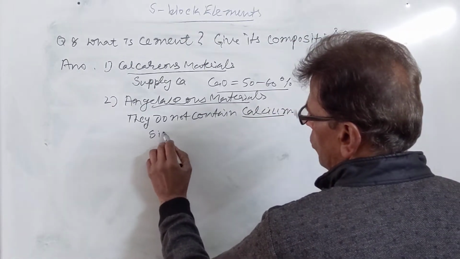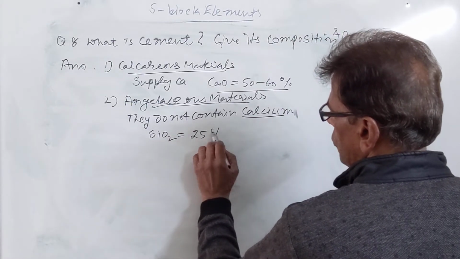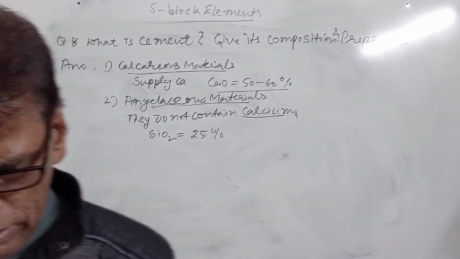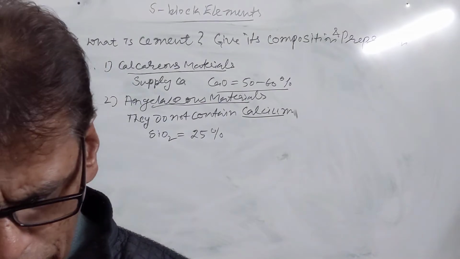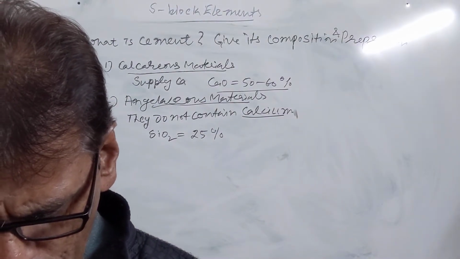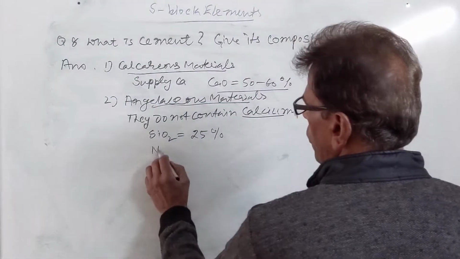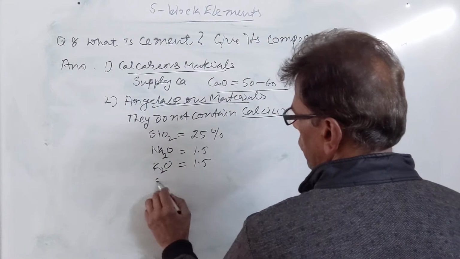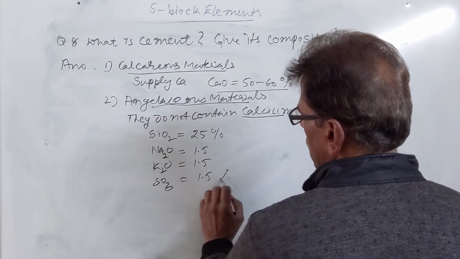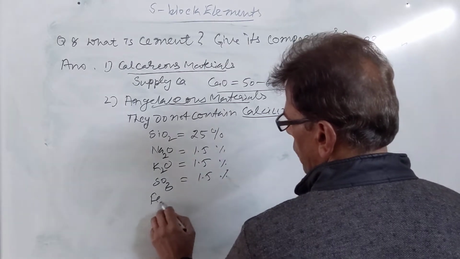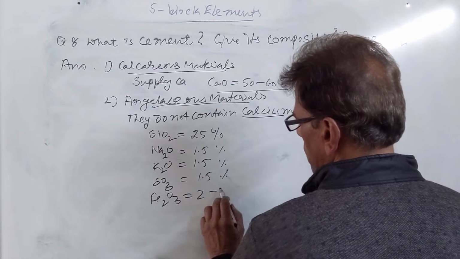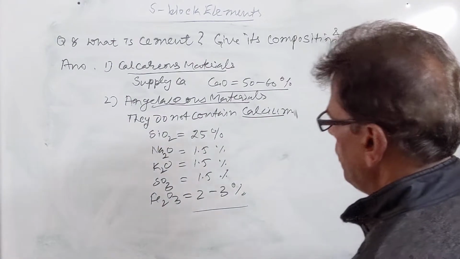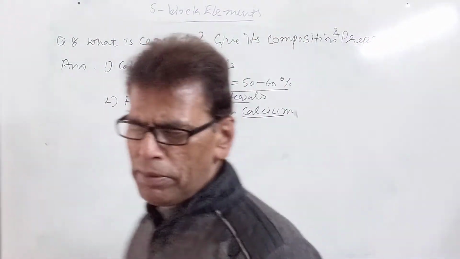For example, SiO2, it is 25% in cement. Then we have some other materials like Na2O, K2O, they are 1.5%, 1.5%, we have SO3, 1.5%, we have Fe2O3, 2 to 3%. So this is the way different materials are used in the preparation of cement.